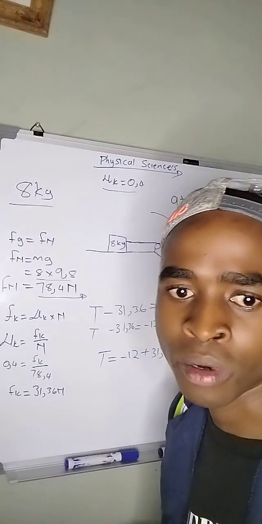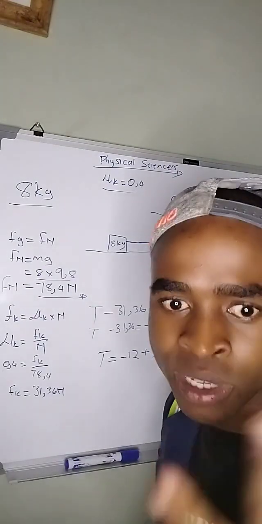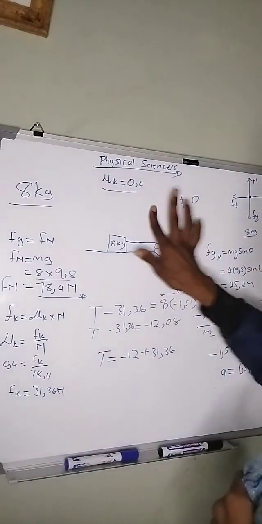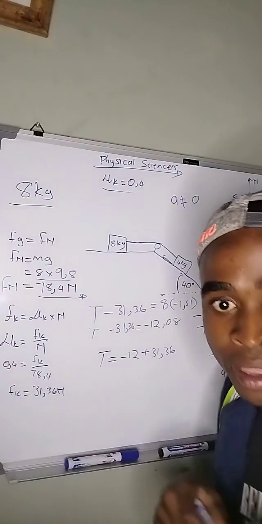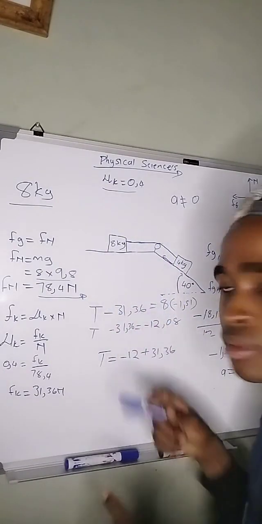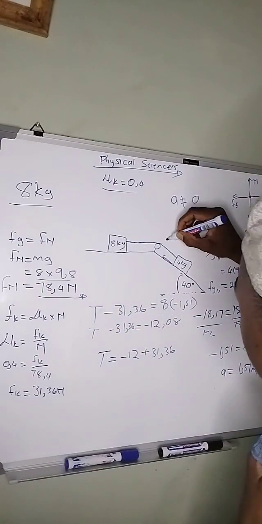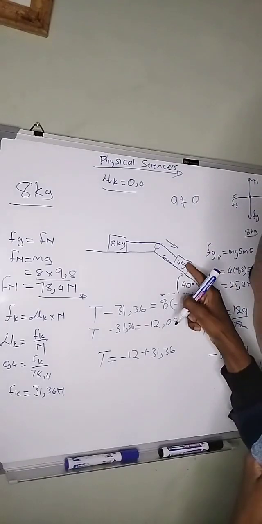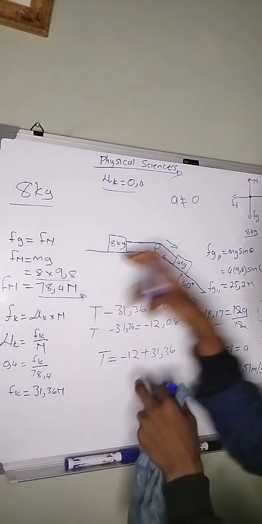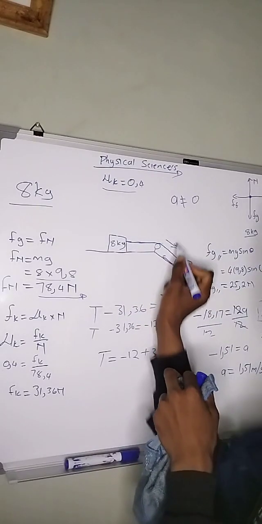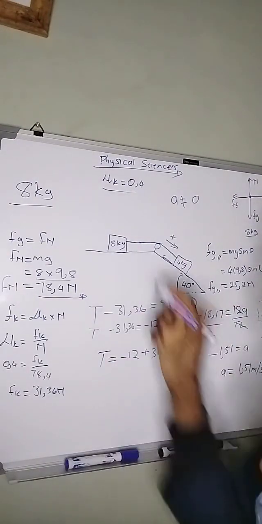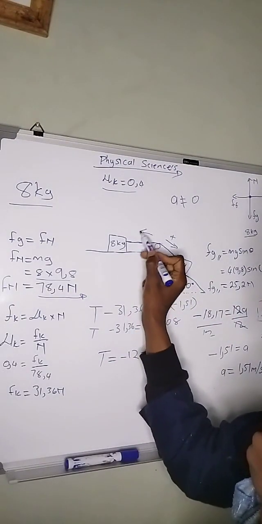Actually, T is negative and positive, guys. Remember, here we are having the third law. So this 4 kg drags this with a positive force, and this one pulls back with a negative force.